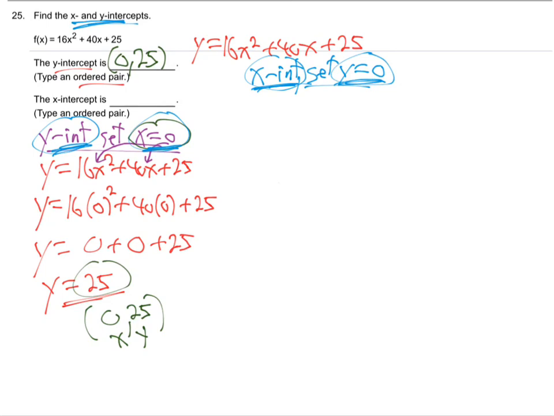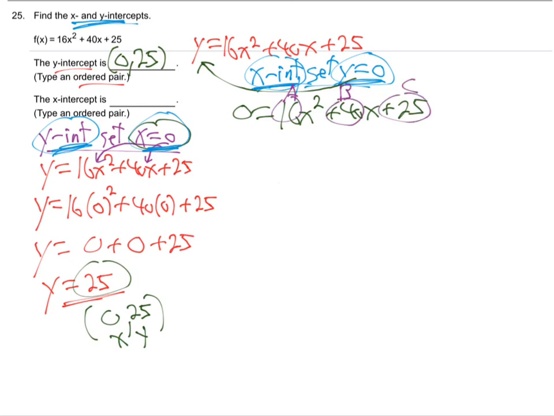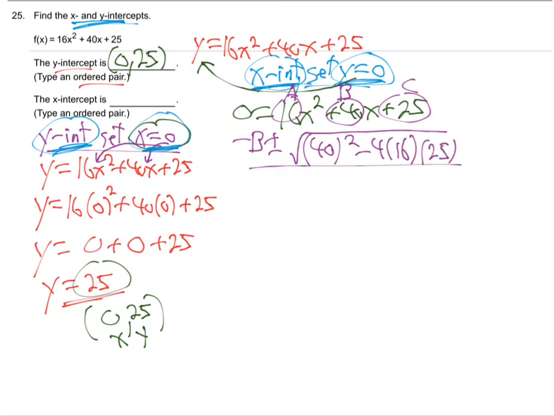So let's put in 0 for y. So we get 0 equals 16x squared plus 40x plus 25. So what are we going to do with that? Our friend, the quadratic formula. This is a, b, c. Negative b plus or minus the square root of b squared minus 4 times a times c, all over 2a.